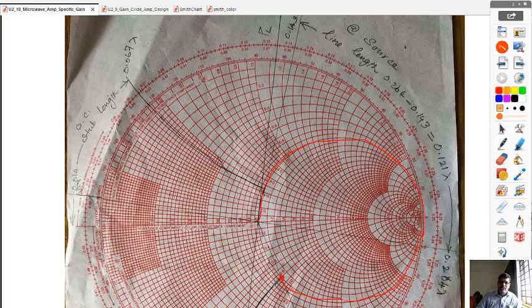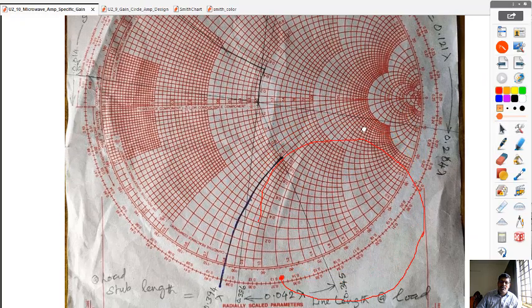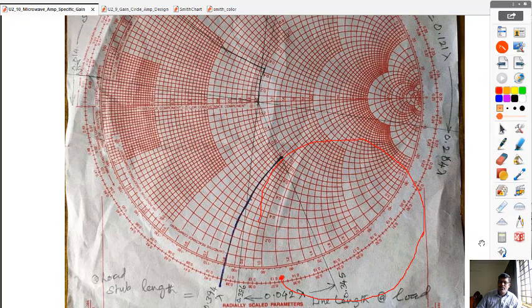Now you draw a line on the reactance circle and stop at the point there. From that point, you follow the reactance circle.